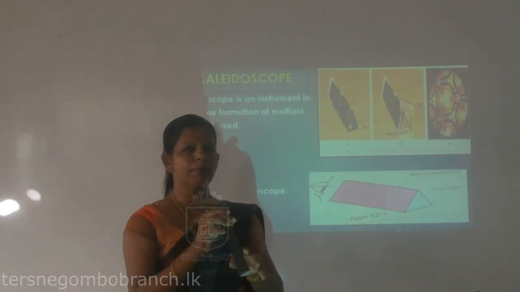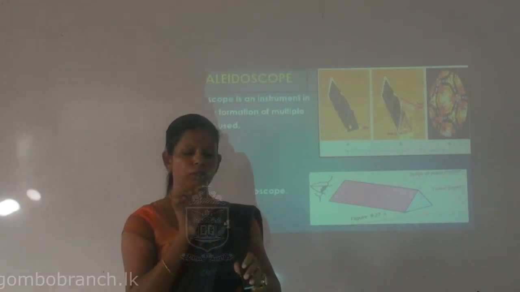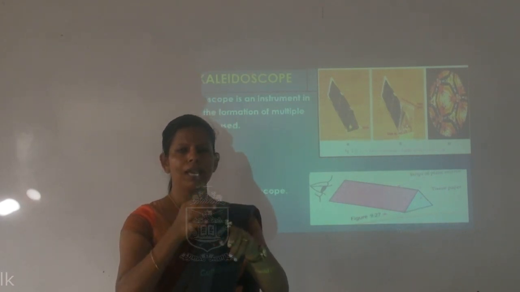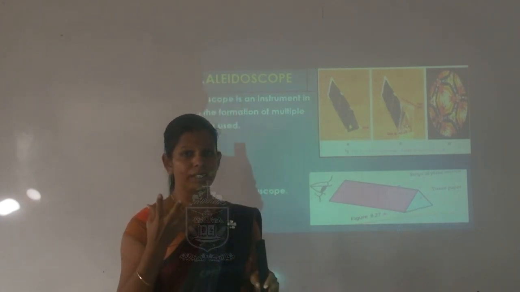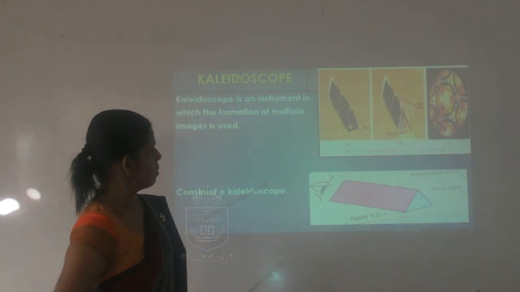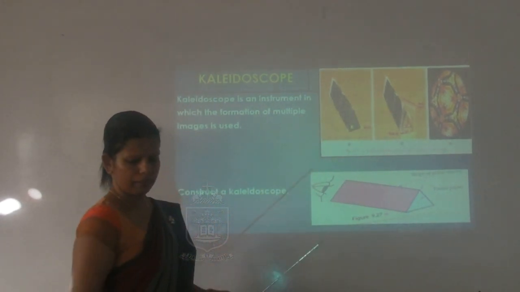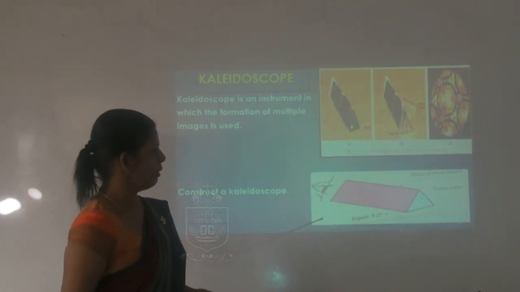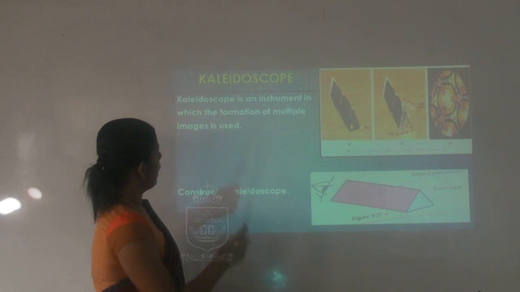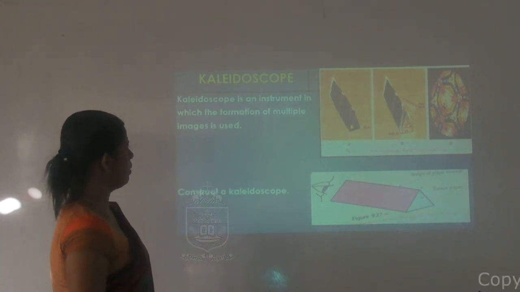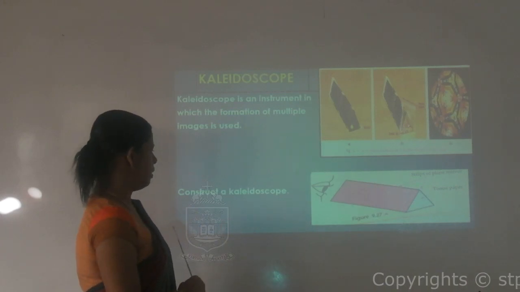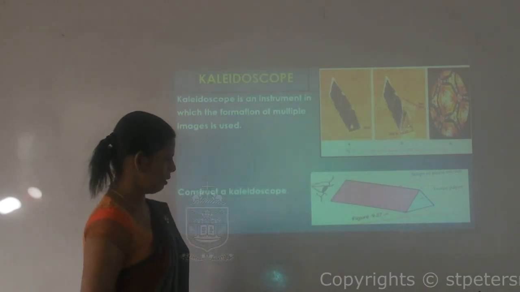If you put some beads or petals inside through this hole and observe like this, you can see vivid patterns. This is the picture of the kaleidoscope I will show you now. This is the way you have to make it. The kaleidoscope is an instrument in which the formation of multiple images is used. This is the way that we construct the kaleidoscope.